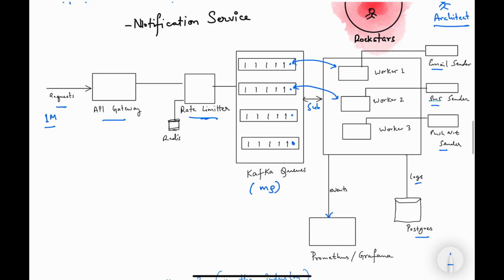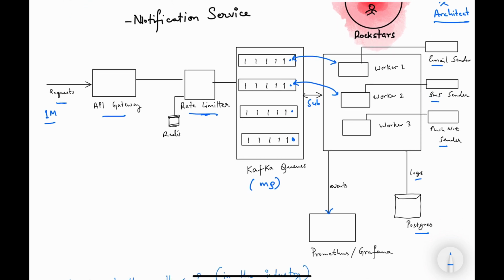This is a high level design for the notification service. Without going into the details, what I want you to understand now is the thought process that our architect put in here. He selected an API gateway, a rate limiter, then message queues, which will have the messages placed on them, and through which he selected a multi-worker strategy.